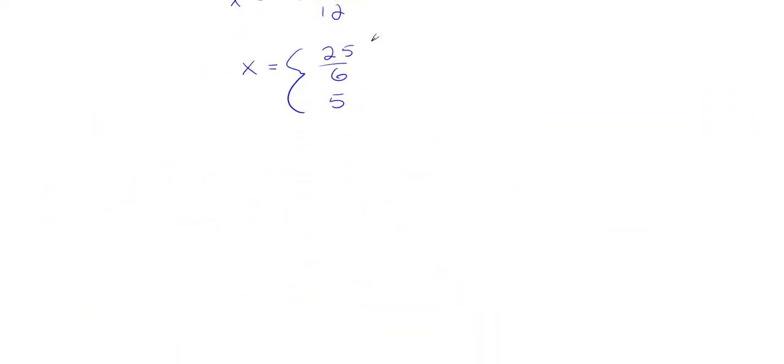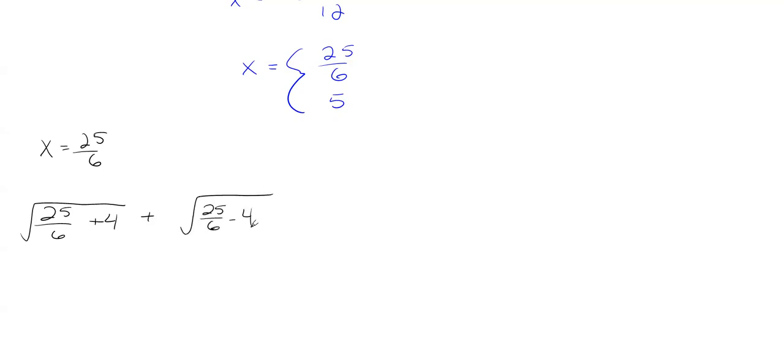So let's start with our first one, which is 25 over 6. So plugging in 25 divided by 6 for x, we would have the following based upon the beginning equation: the square root of 25 over 6 plus 4 plus that same thing, but just minus inside, so 25 over 6 minus 4, divided by the square root of 25 over 6 plus 4, subtracting off the square root of 25 over 6 minus 4.